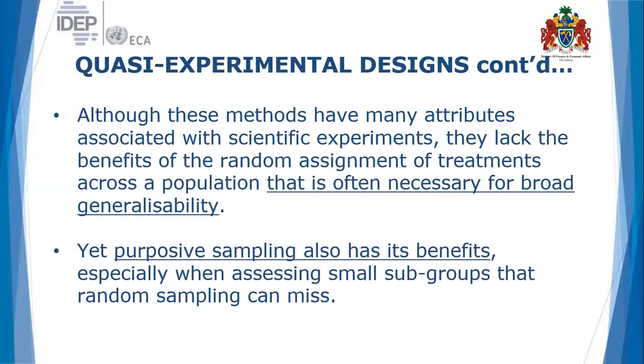Although these methods have many attributes associated with scientific experiments, let's remember that they lack the benefits of random assignment of treatments across population that is often necessary for broad generalizability. Yet, we can also appreciate that purposive sampling also has its benefits, especially when assessing small subgroups that random sampling can miss.